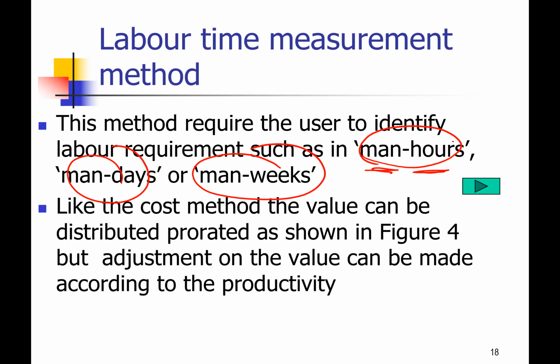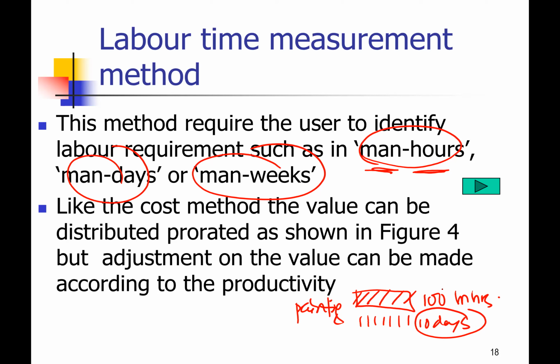If, for instance, you plan certain activities, let's say painting work, you plan this painting requires a total of 100 man hours, and it is going to be completed in 10 days. So you already know your daily productivity is around 10 man hours per day.